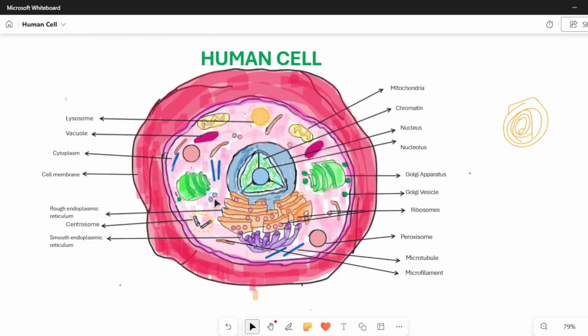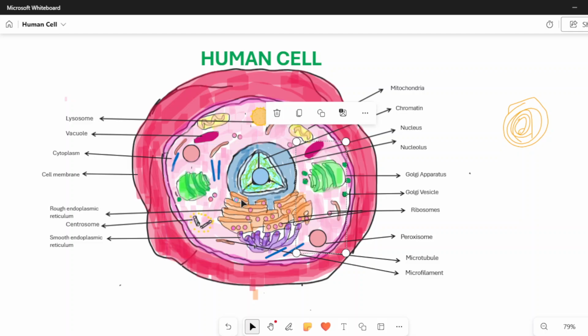These proteins are manufactured by ribosomes. So ribosomes are very useful for manufacturing proteins which are used in the construction of the various other organelles inside this human cell. So that is the use of the ribosomes.